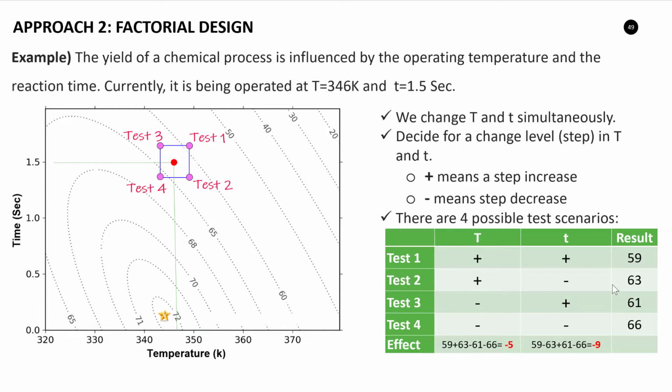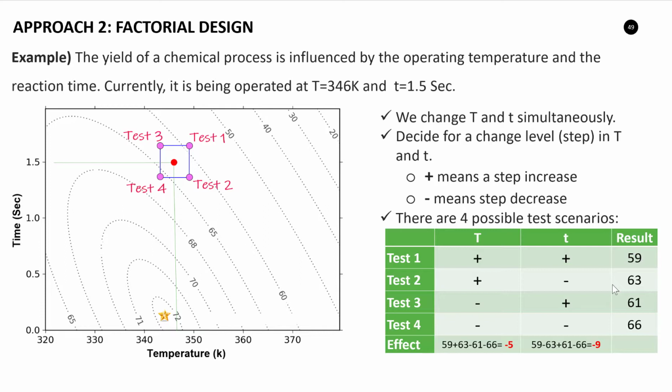Okay, and then we will add or subtract these numbers to realize how we should change these numbers and which one has a higher effect. Again, keep in mind, DOE doesn't tell us how much we should change them to get to the optimum point. That's a different topic related to DOE, but totally different.